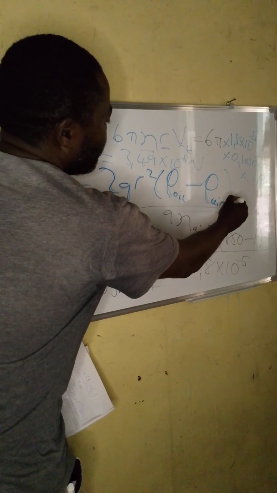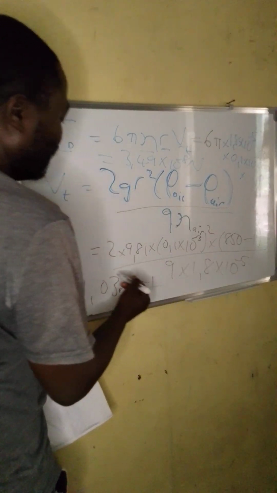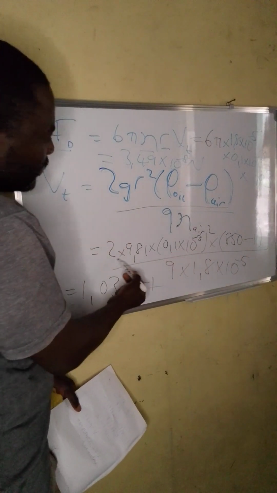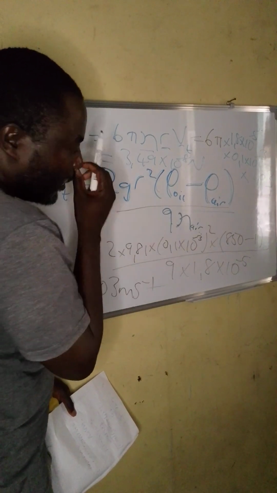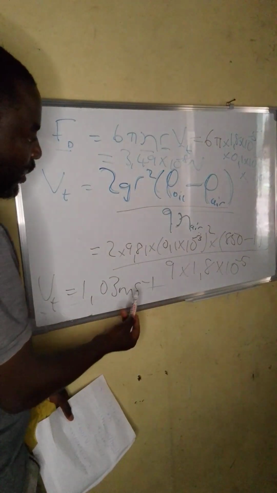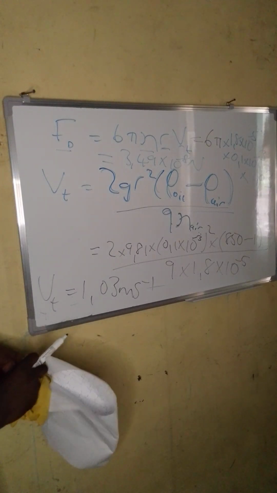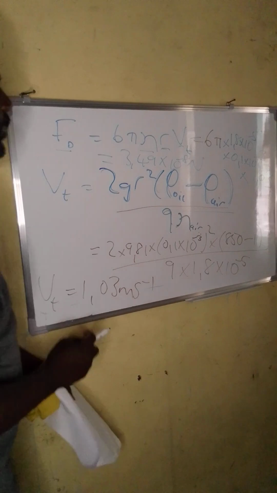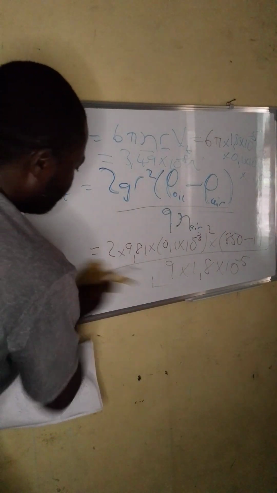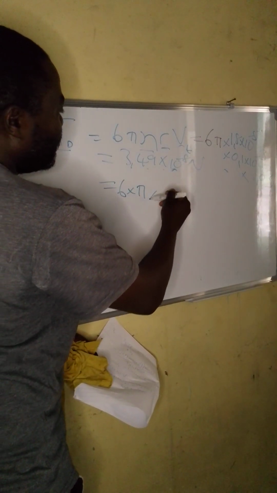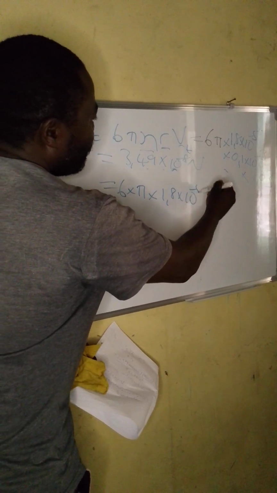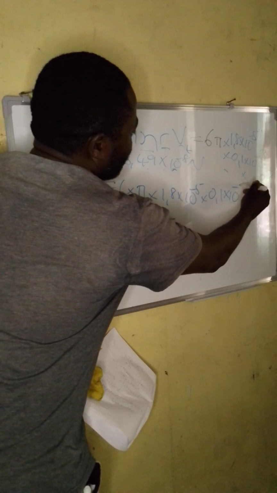We substituted 2 times 9.81 times the radius of the oil squared times the density of oil minus the density of air, over 9 times the coefficient of viscosity. Then the drag was simply 6 times pi times 1.8 times 10 to the power minus 5 times 0.1 times 10 to the power minus 3, times 1.03.